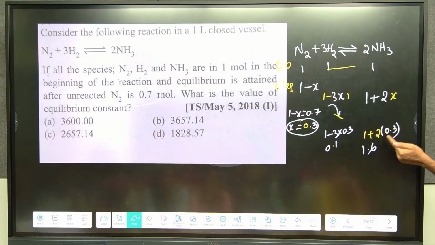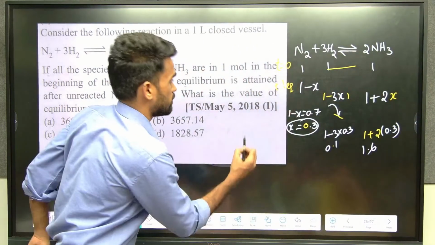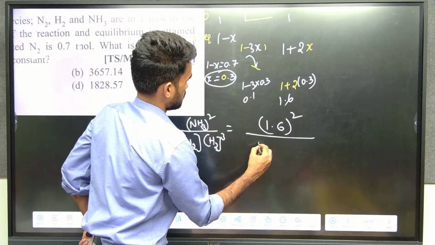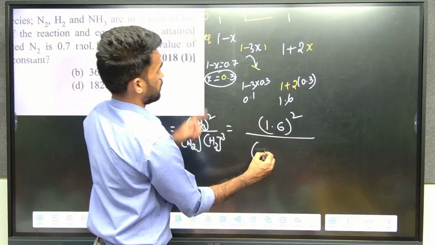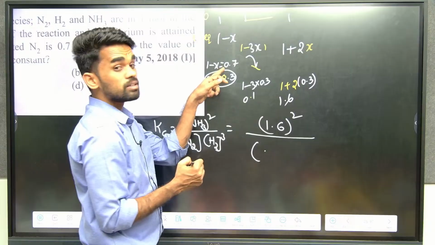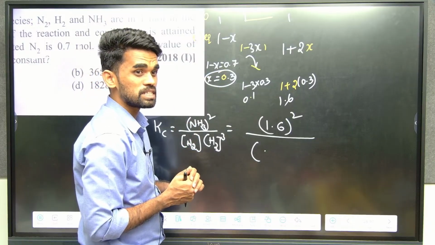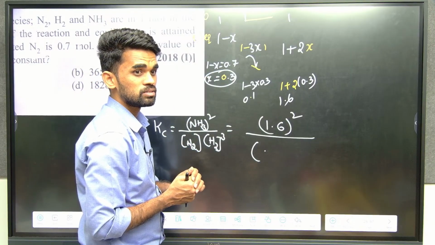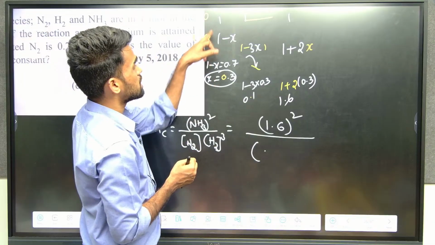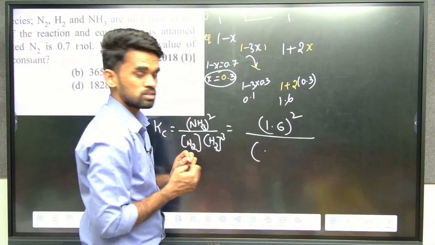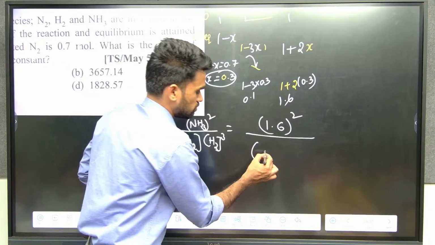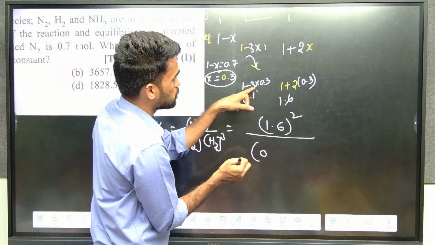1 ప్లస్ 2 ఇంటూ 0.3 అంటే ఇంత వచ్చింది. ఓకే, ఇప్పుడు కేసీ వాల్యూ ఎట్లా రాస్తుంది? బై 0.1 తీసుకోవాలి, 0.7. What is the concentration of N2 remaining? ఇప్పుడు ఇక్కడ ఏ వాల్యూ తీసుకుంటున్నాం? 0.1.